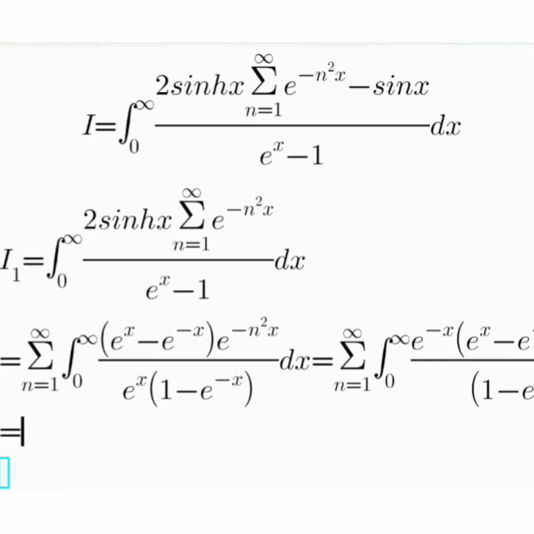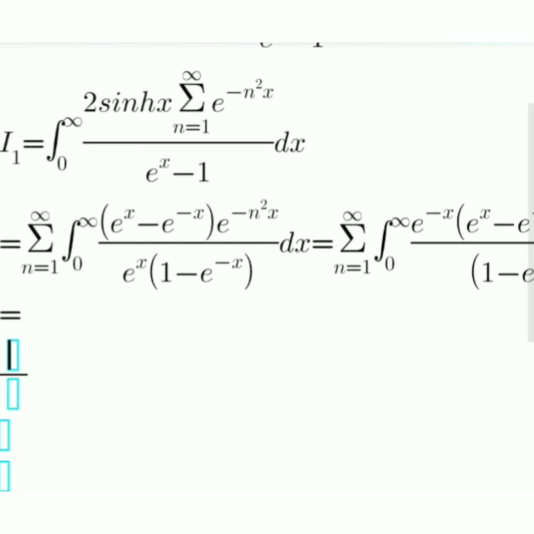Now we know that 1 by 1 minus x is equal to the summation m equals 0 to infinity of x to the power m.